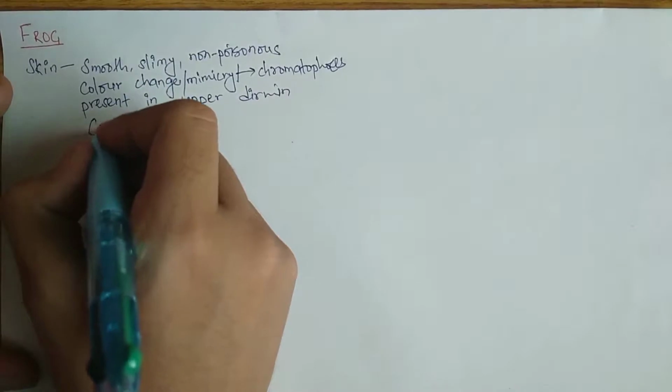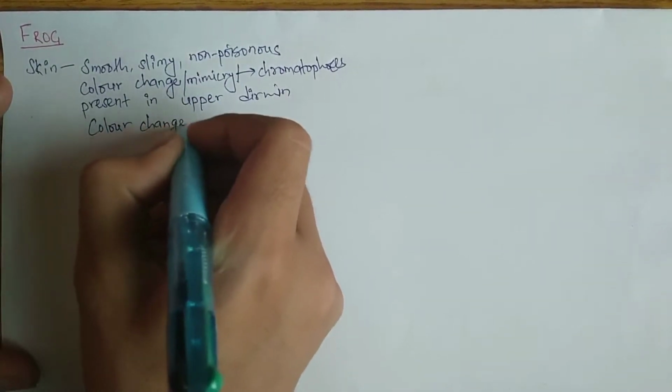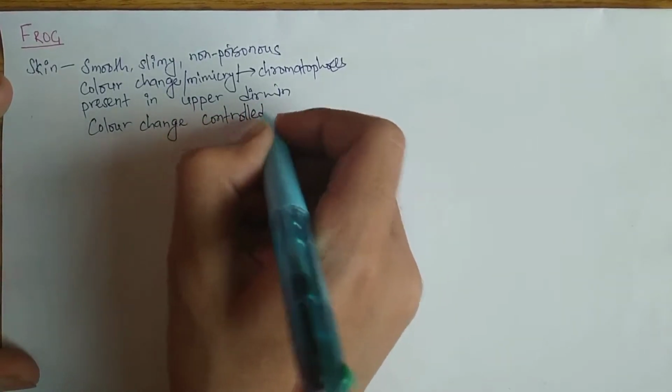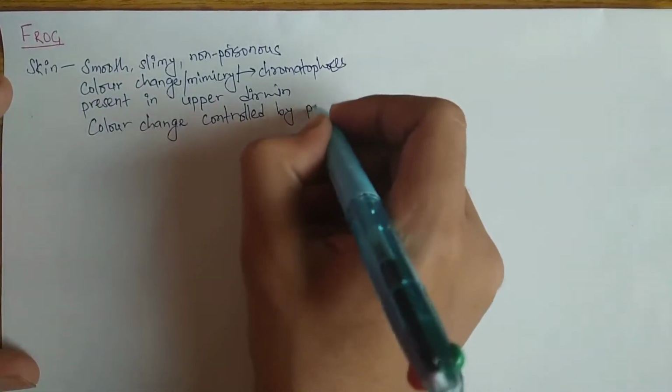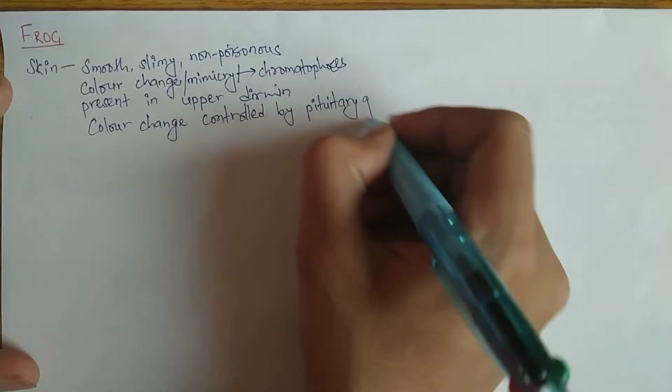Color change is controlled by the pituitary gland.